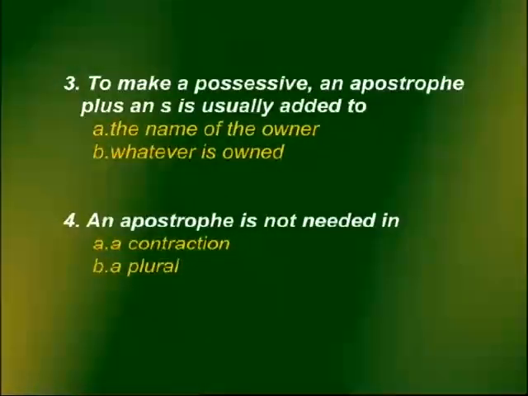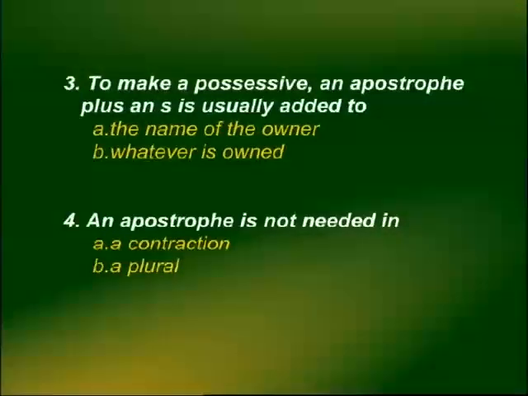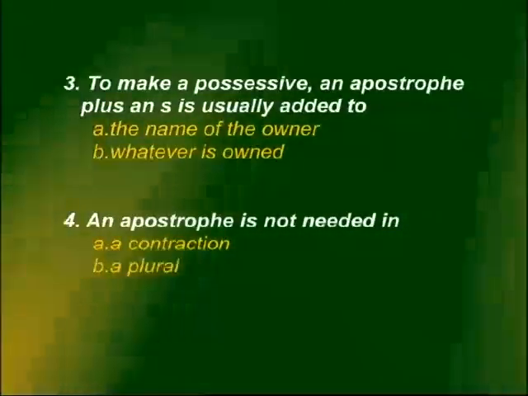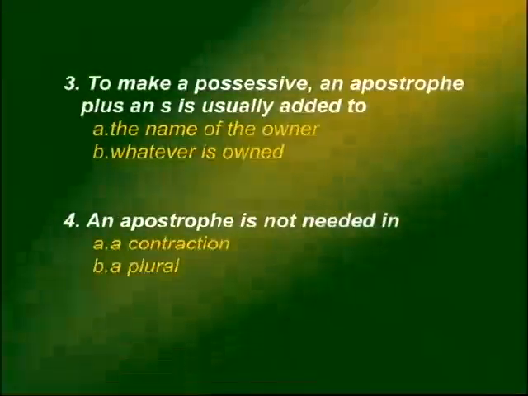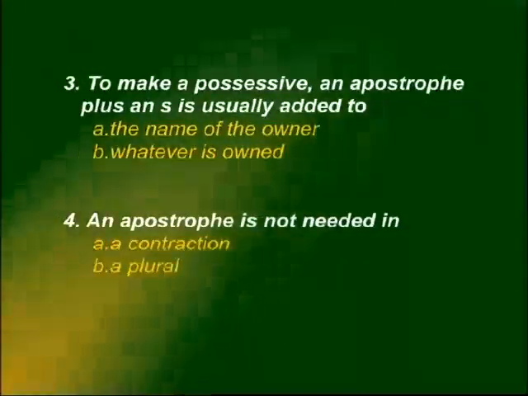And number 4: an apostrophe is not needed in A, a contraction, or B, a plural. The correct answer would be B. An apostrophe is not needed in a plural.